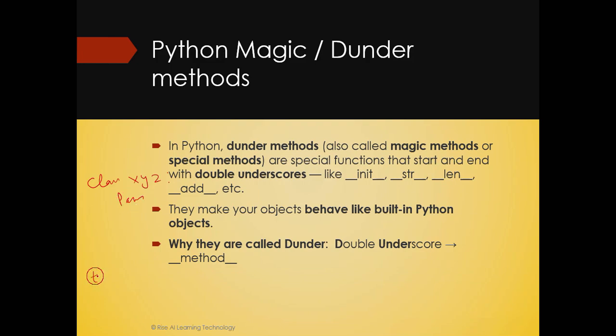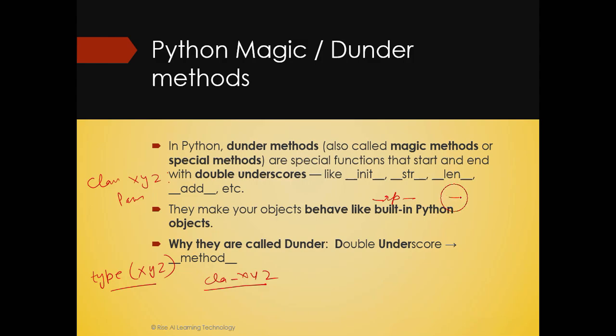If I try to get the type of this class XYZ, it will give me class XYZ. It returns this output. But what will I understand from this? Nothing, right?